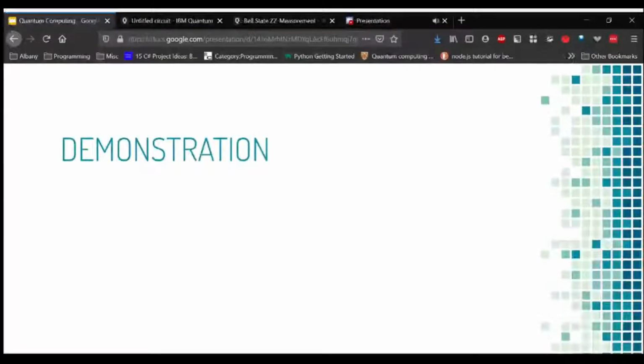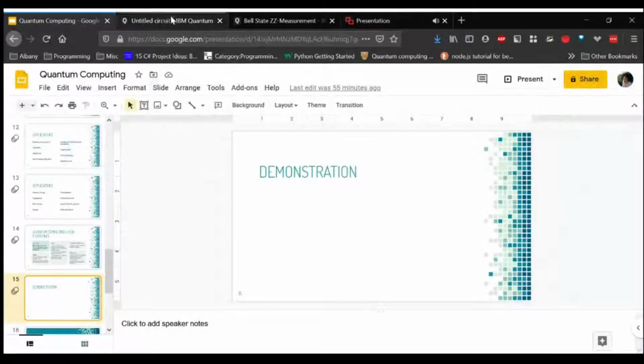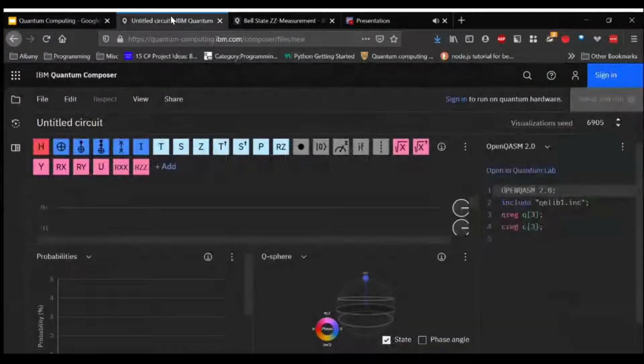Okay, so demonstration time. IBM Quantum Composer is a very, very cool tool. It's a great graphical visualizer for quantum behavior.